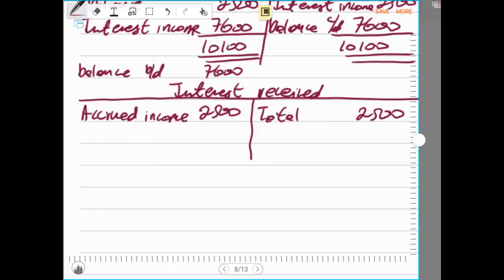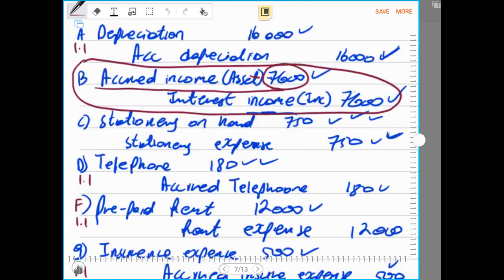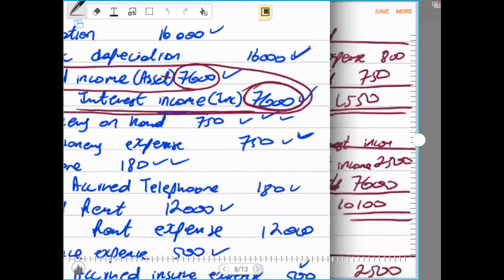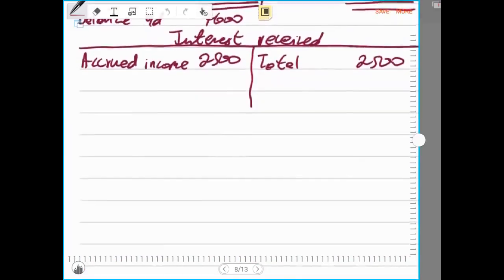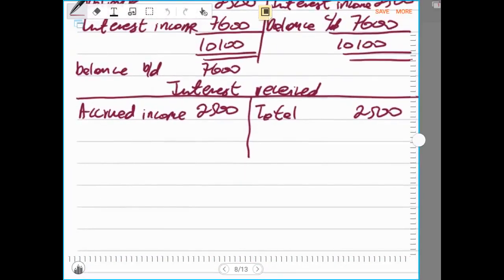Then from here, we have to record the interest that was accrued again by the end of the current year. There was 7.6 that was accrued by the end of the current year. There under number B, interest income was credited, 7,600 was the amount. So now we record that on the credit side, accrued interest.